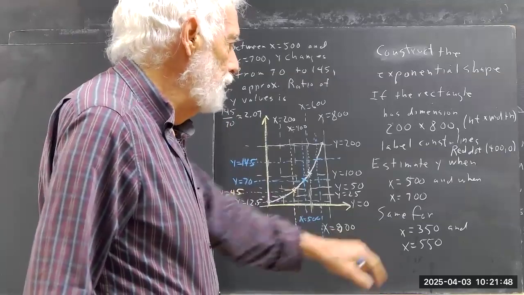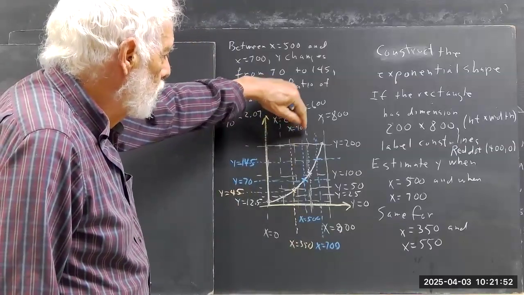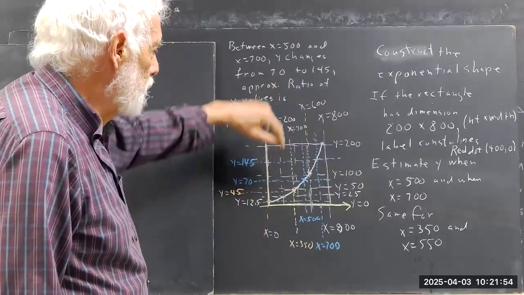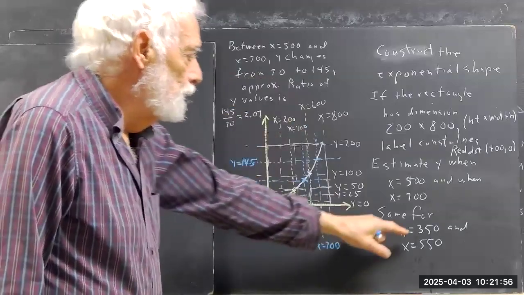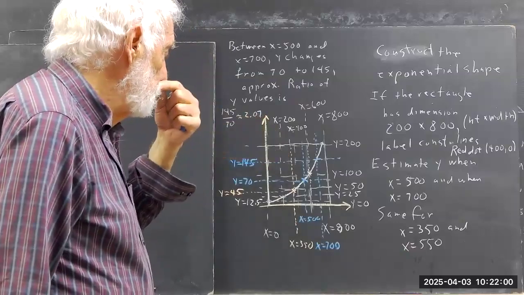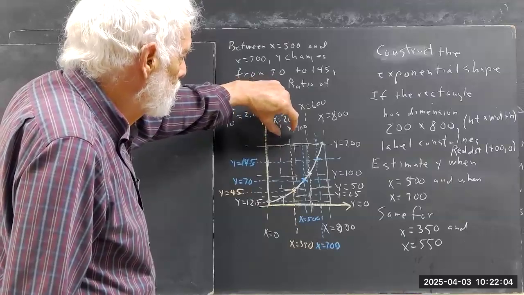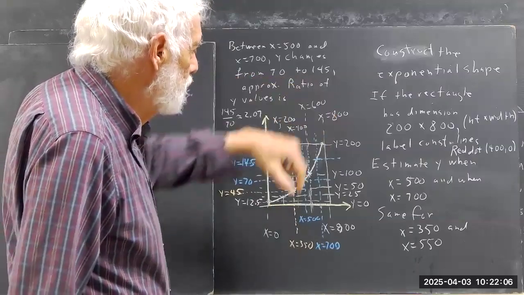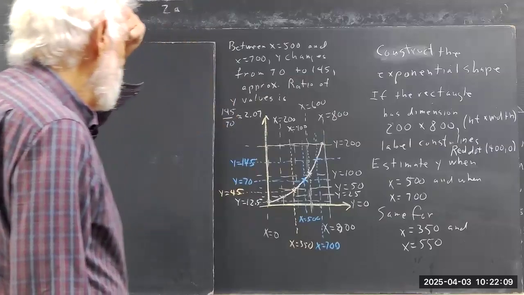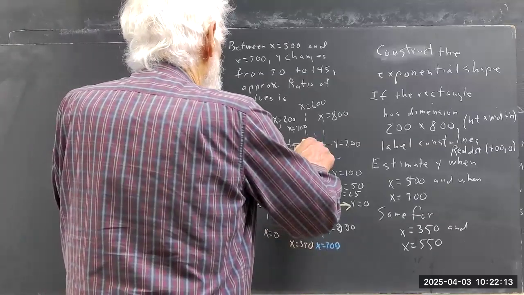Then for x equals 550, well, 550 is between the x equals 400 and the x equals 600 line. It's 200 units to the right of 350. And remember that these vertical construction lines here are spaced by 200. We conclude that 550 is going to be about here.